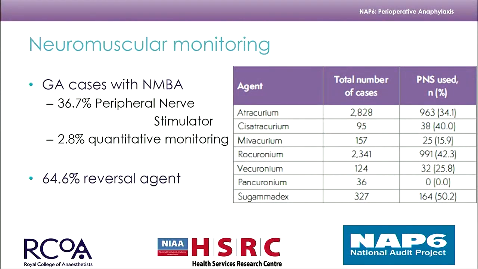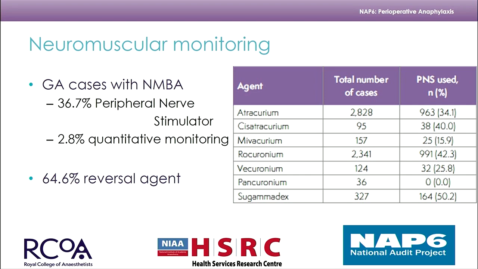We also looked at the use of neuromuscular monitoring. In 37% of cases where general anaesthesia was used in combination with a neuromuscular blocking agent, a peripheral nerve stimulator was used to monitor neuromuscular blockade, and in around 3% of the time, quantitative monitoring was used.